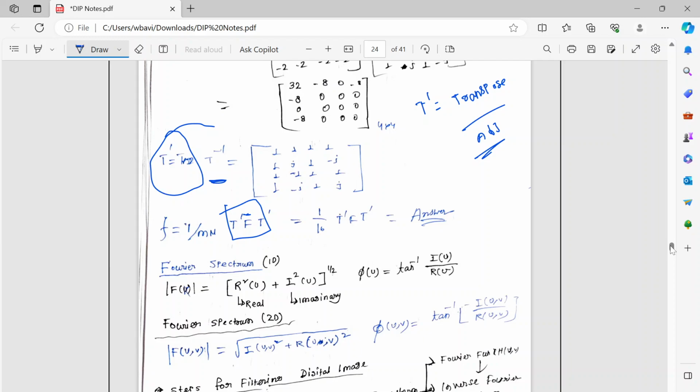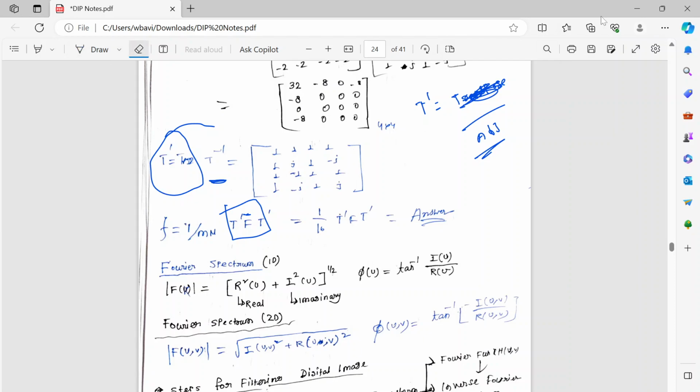So what is the formula of the inverse? The inverse formula is adjoint by determinant. If you find the determinant, it will be almost 1.